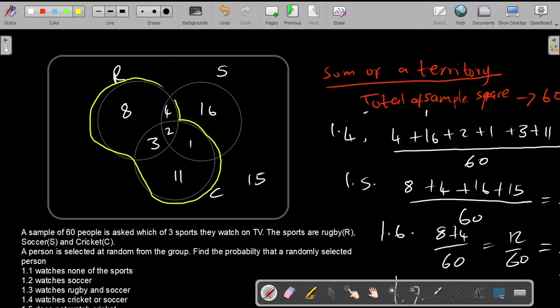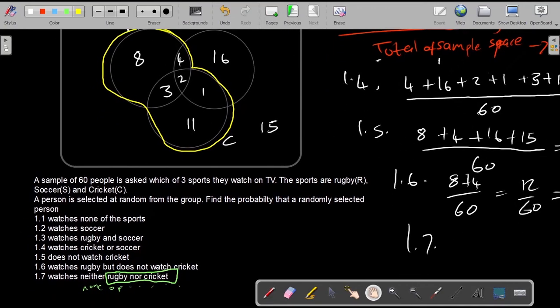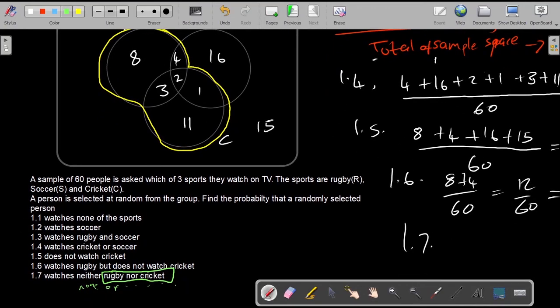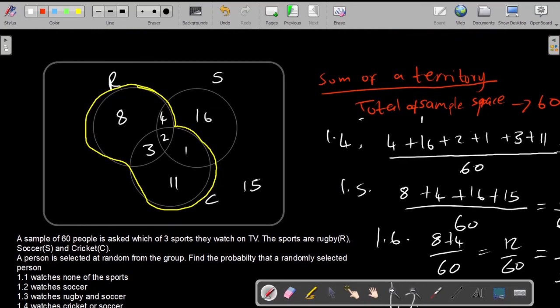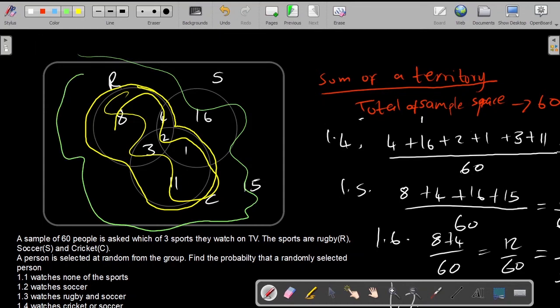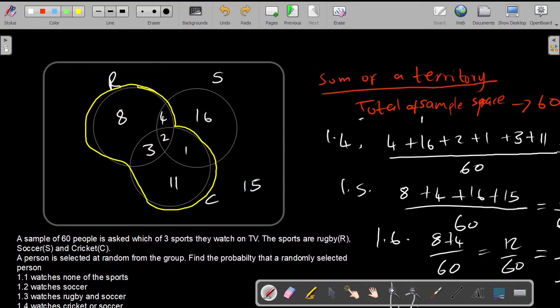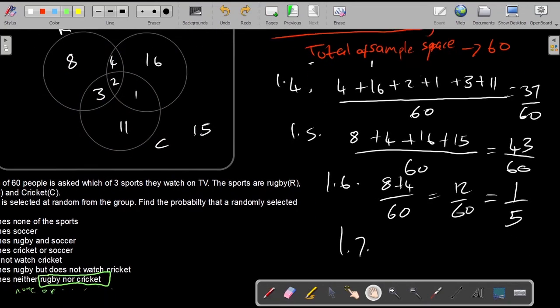Everything that they cover should be excluded because we're looking for people who don't watch rugby or cricket. So the people who do watch fall in here, and everyone on the outside does not watch rugby or cricket, right? So that is how you'd compute that value.